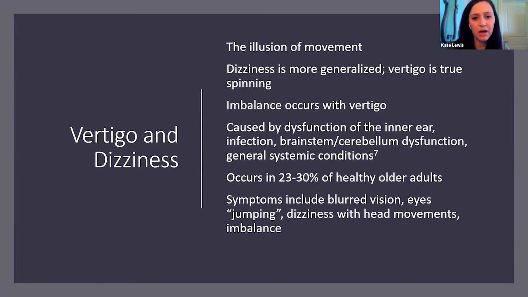Vertigo and dizziness are caused by dysfunction of the inner ear, infection affecting the inner ear, brainstem or cerebellar dysfunction, and general systemic conditions. Vertigo and dizziness occur in 23 to 30% of healthy older adults. Symptoms include blurred vision, eyes jumping, dizziness with head movements or eye movements, and imbalance that can lead to falls.